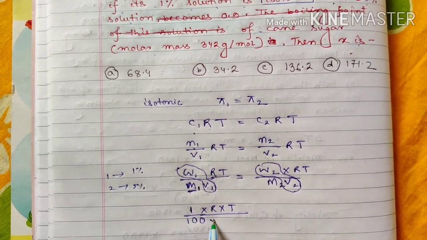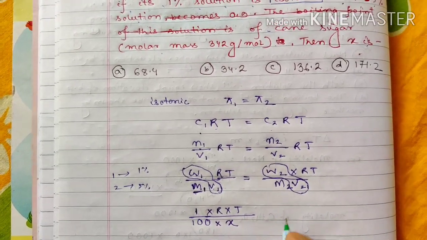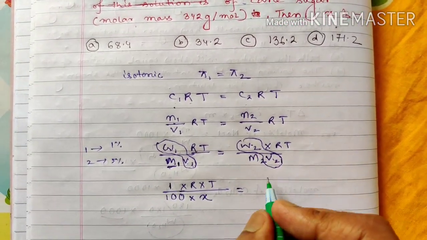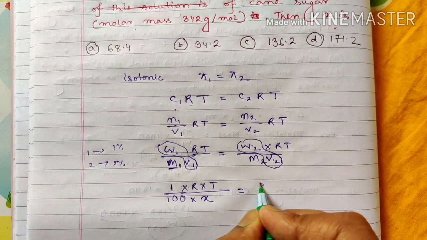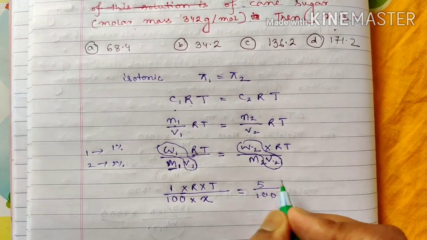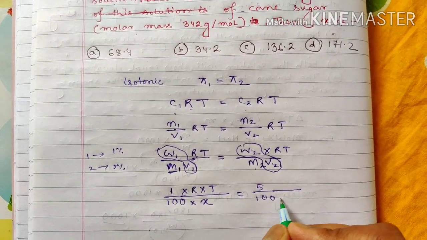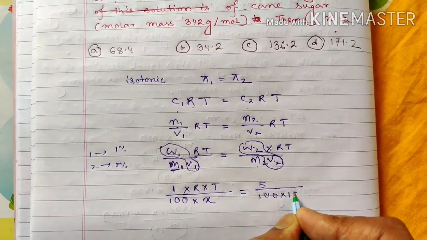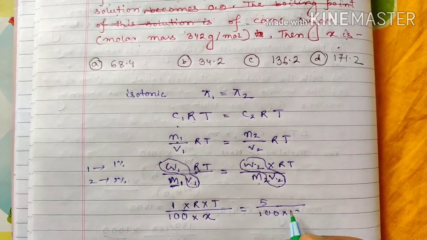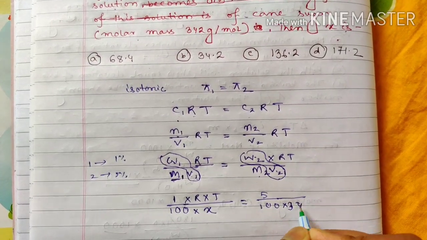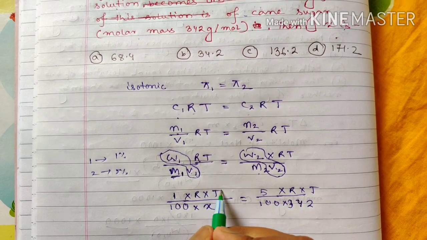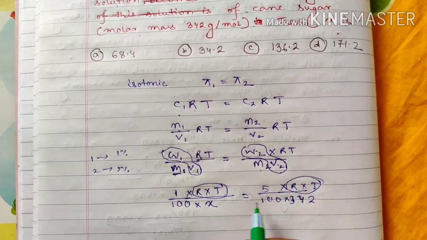The value of M1, if we put it as X, should be equal to W2 by V2. It is 5%, that is 5 by 100. M2, I think, for cane sugar is given as 342 into R into T. These two will cancel each other out.